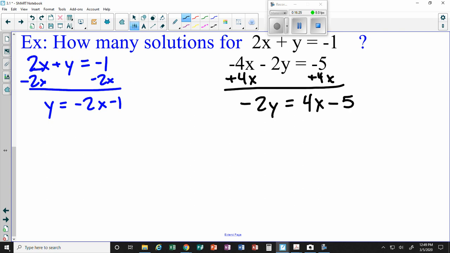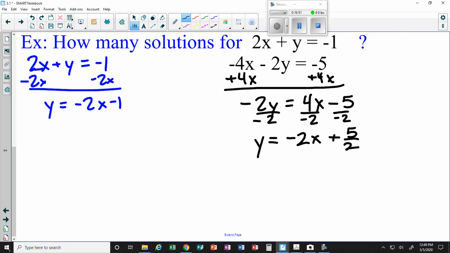Then what? Divide by negative 2. So 4 divided by negative 2. Negative 2, negative. What's a negative divided by a negative? Positive. So which of those cases is this? The first one?